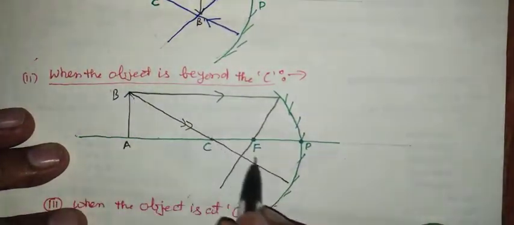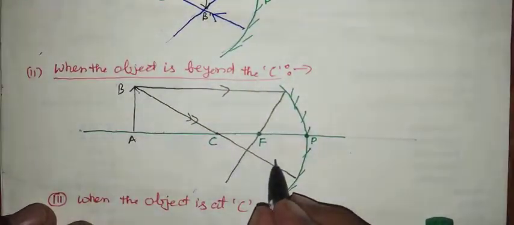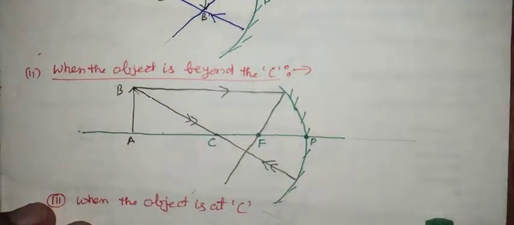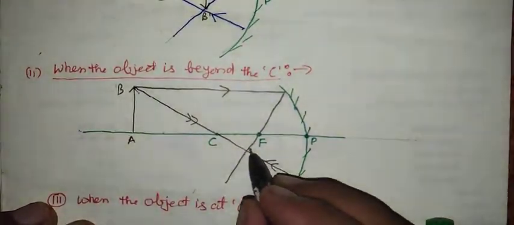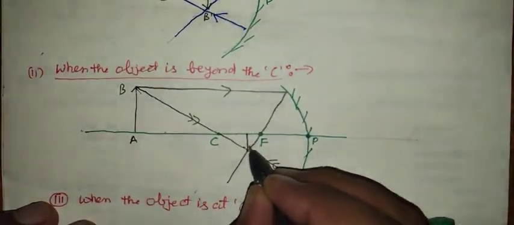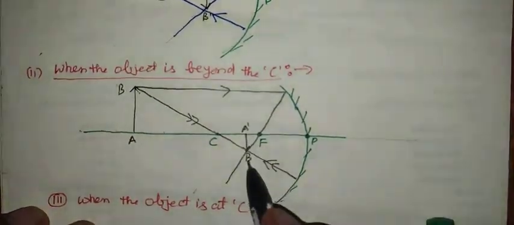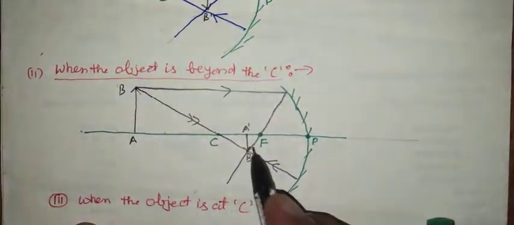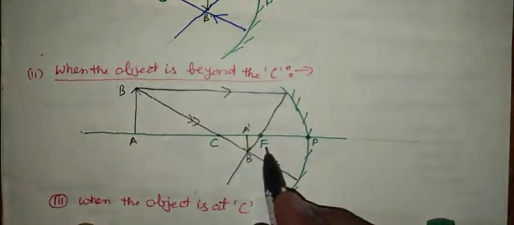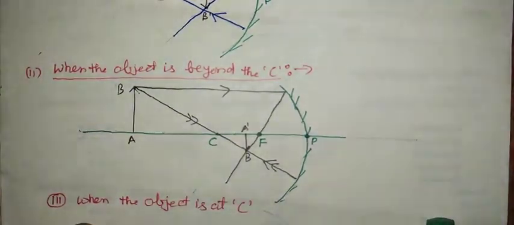A line that passes through the center of curvature and falls on the spherical mirror moves back in the same path. These two rays really meet at this point, so the final image will be formed here. A dash, B dash. This is real, inverted, between center of curvature and F, and small in size.